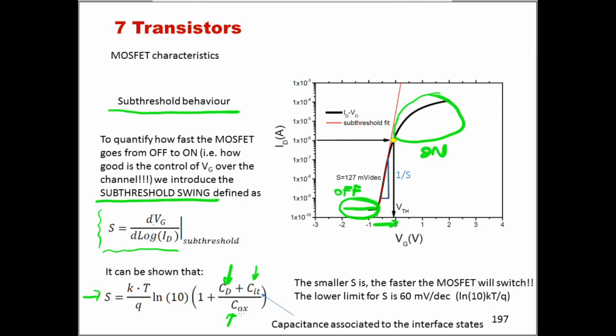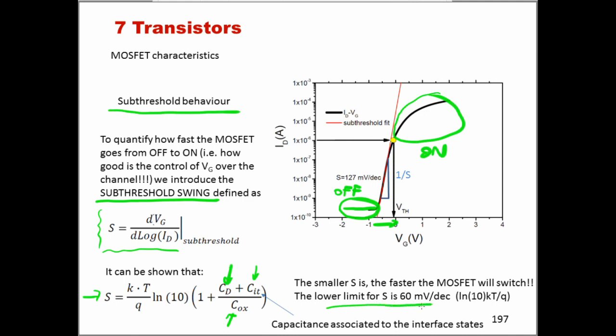From this formula, what we see is that in case this term is negligible compared to 1, the swing has a lower limit of 60 millivolt per decade.